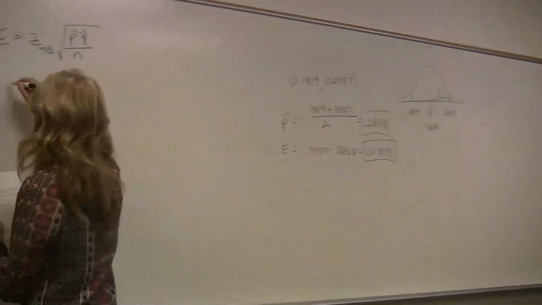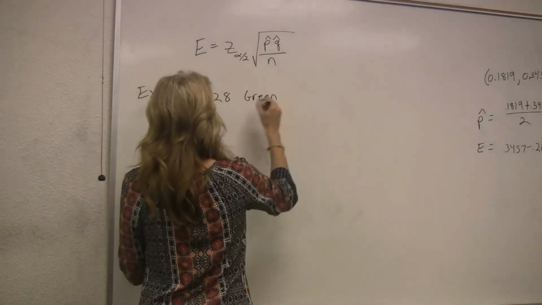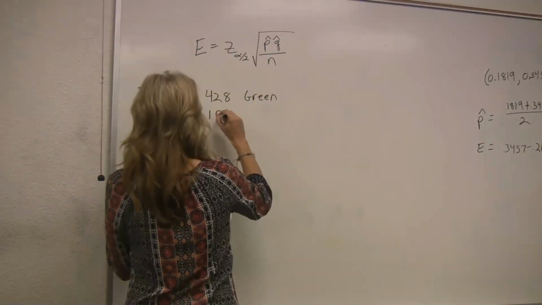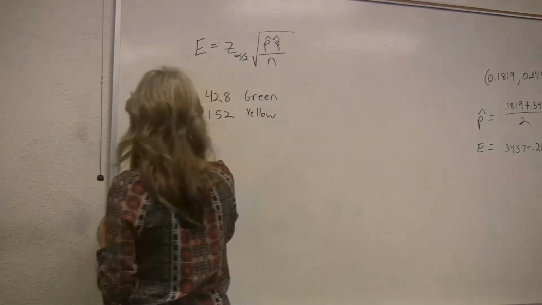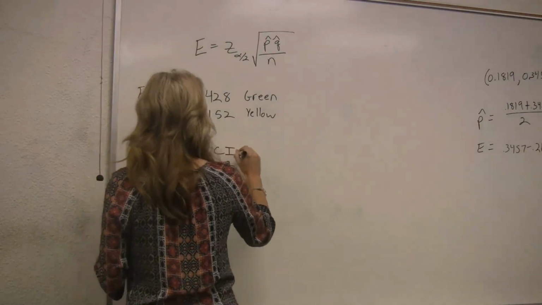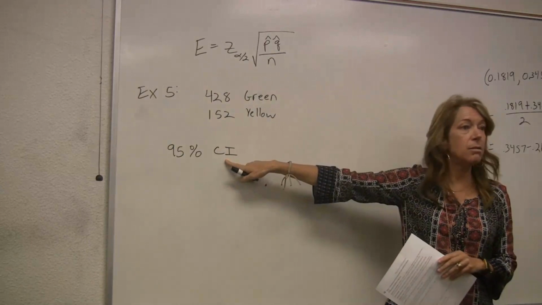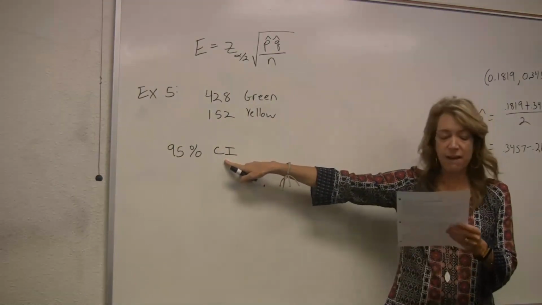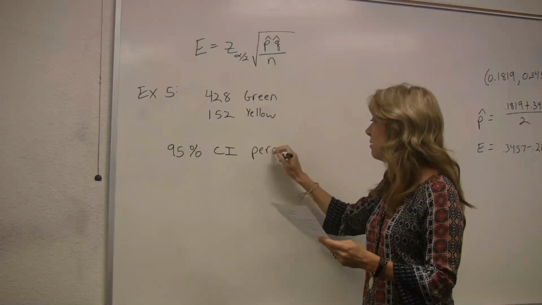I'm going to write this down just to be organized: 428 green, 152 yellow. We want to find a 95% confidence interval. By the way, I will start abbreviating the word confidence interval as CI, just because it's too long to write out. But we want to find a 95% confidence interval for the percentage of green peas.